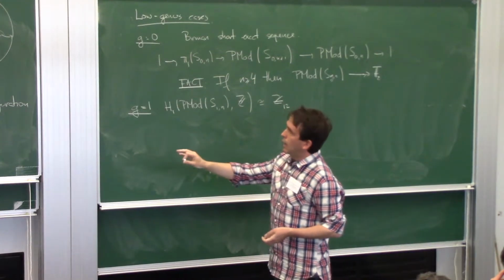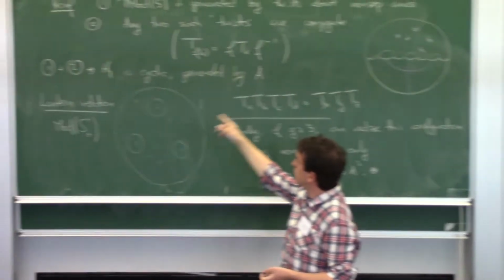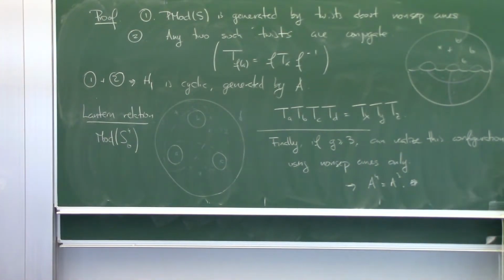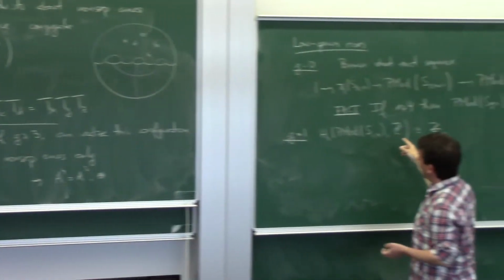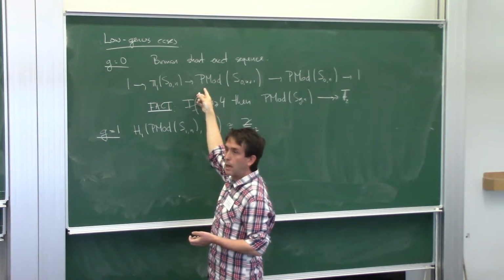So, I mean, this is kind of cheating, right? Because this is really using relations in the mapping class group. So I guess the point here is that if you allow going to a finite index subgroup, then the same thing will happen.